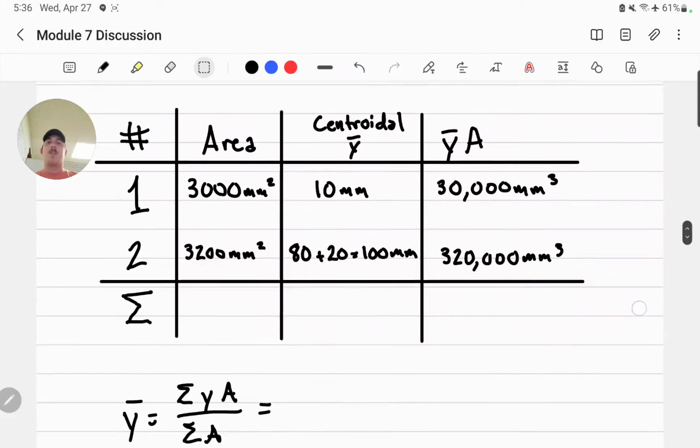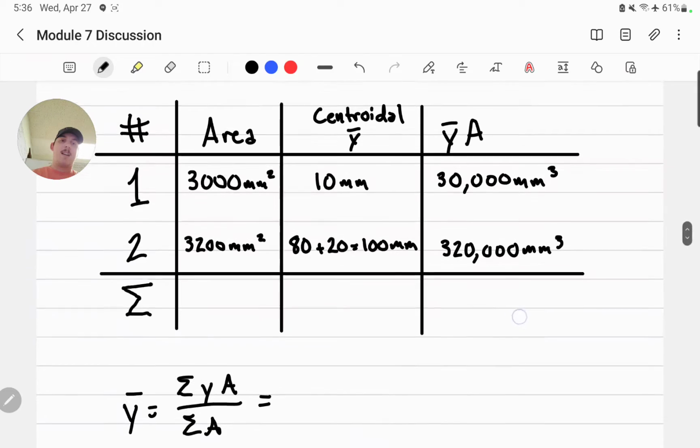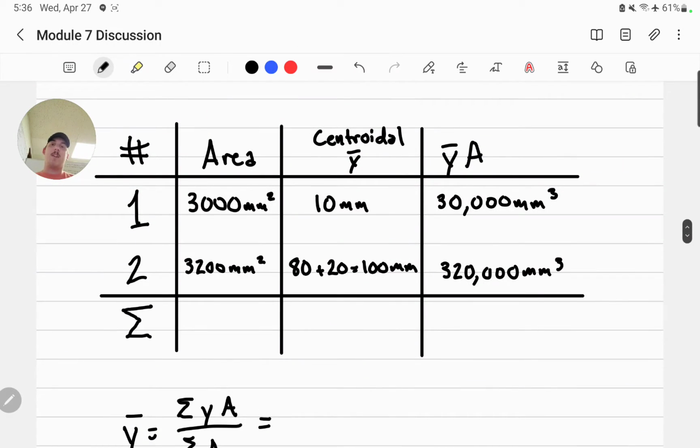Now I need to sum up my areas and sum up my YA. Pretty simple addition: 3,000 plus 3,200 is 6,200, and 30,000 plus 320,000 is 350,000.